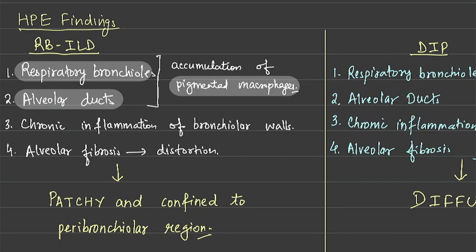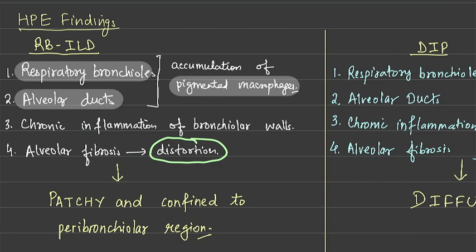There is chronic inflammation of the bronchiolar walls which causes alveolar fibrosis, right? And this will cause distortion of the pulmonary architecture, chronic inflammation and fibrosis, alveolar fibrosis.